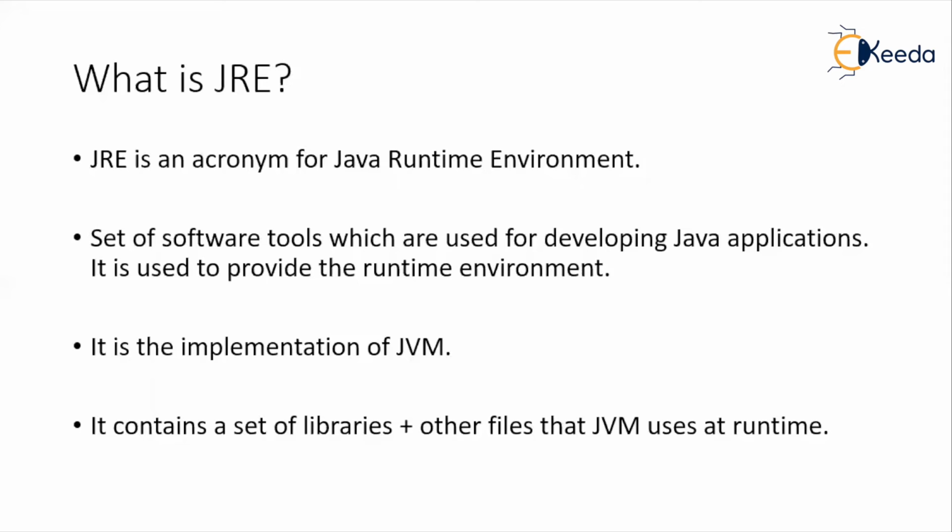Then that will be compiled. Again, JDK will have that compiler, so compilation will be done. After successful compilation, this compiled .class file will be given to JVM, and JVM will make use of JRE for execution of the application.